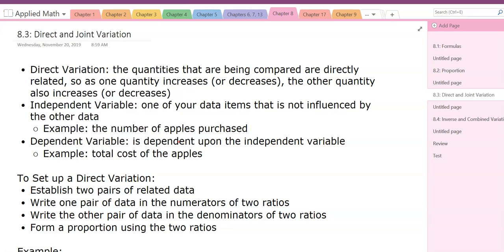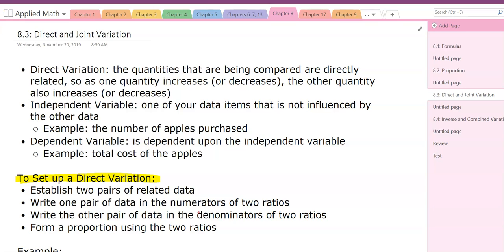So we're going to start by talking about direct variations. To set up a direct variation, figure out what your two pairs of data are and figure out how they're related to each other. Write one pair of the data in the numerators of your two ratios. So we're still going to be setting up proportions like we saw last week and cross multiplying and solving them that way.